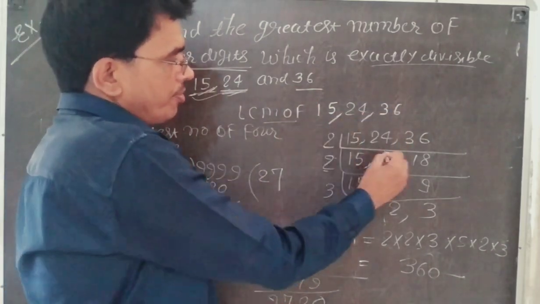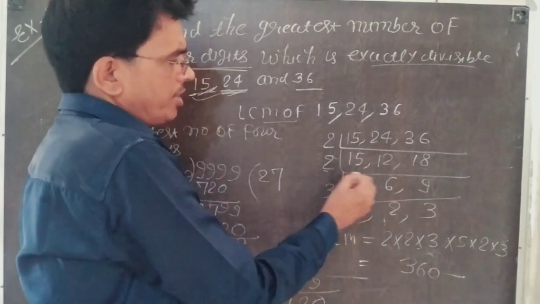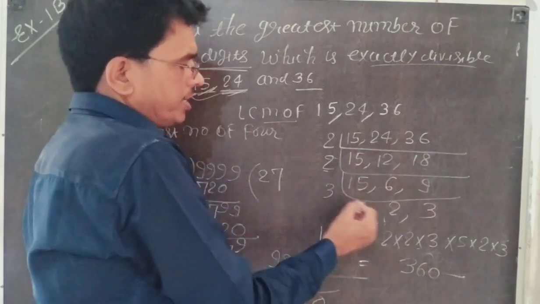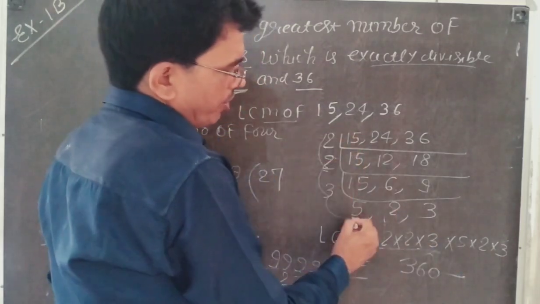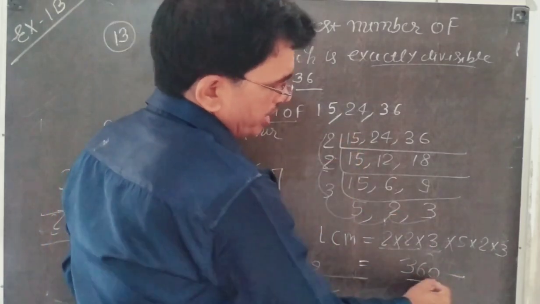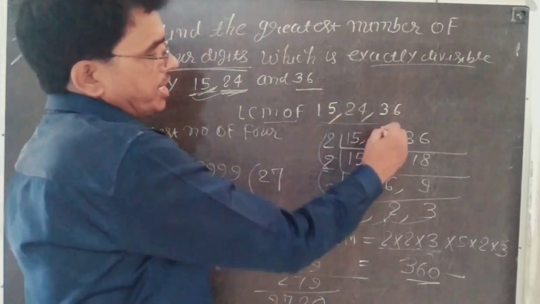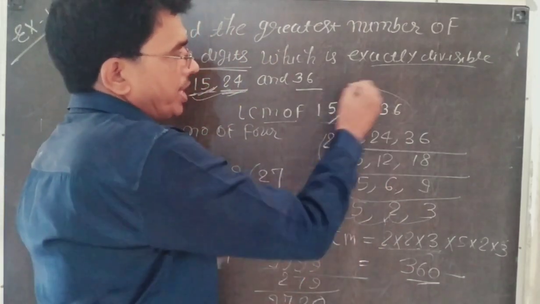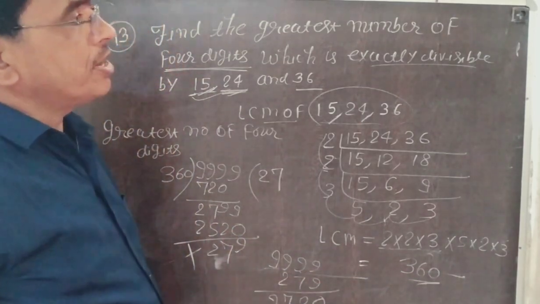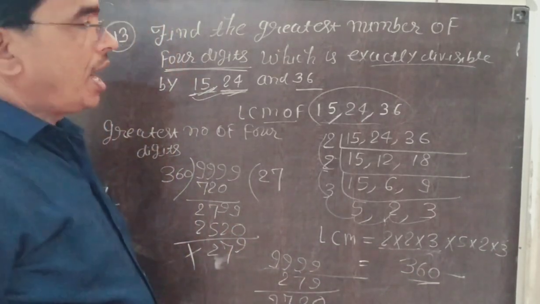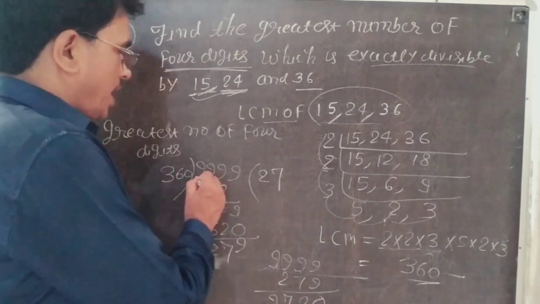Divide by 2, we get 15, 12, 18, again 2, 15, 6, 9, again 3, 5, 2, 3, and we write 2 into 2 into 3 into 5 into 2 into 3, we get 360. That is, 360 is the smallest number that is divisible by all three. Now the greatest number of 4 digits is 9999.